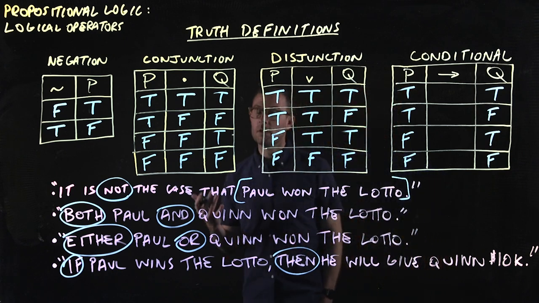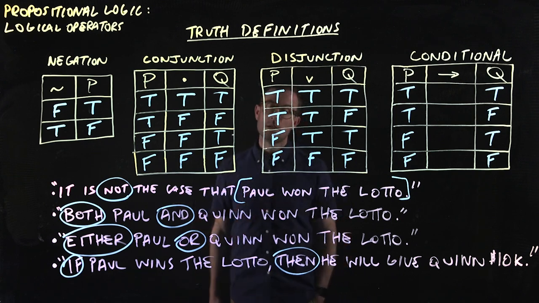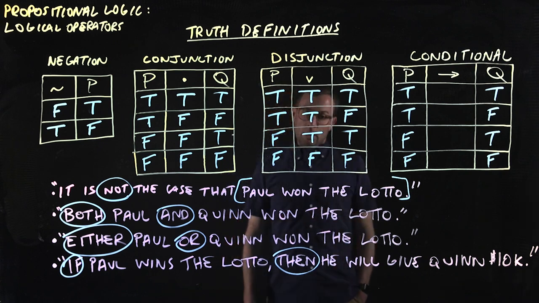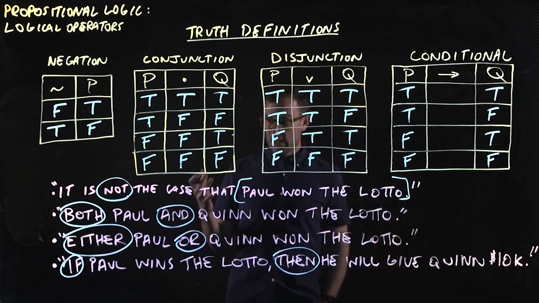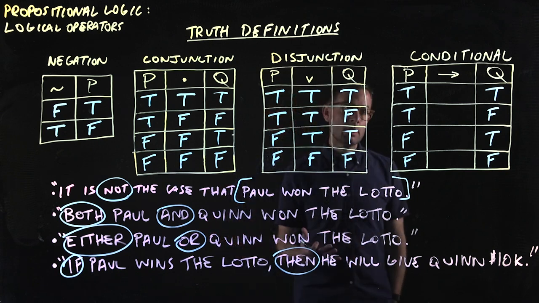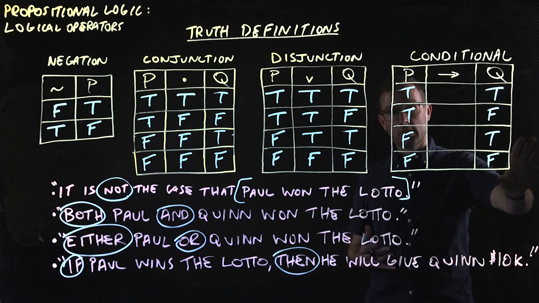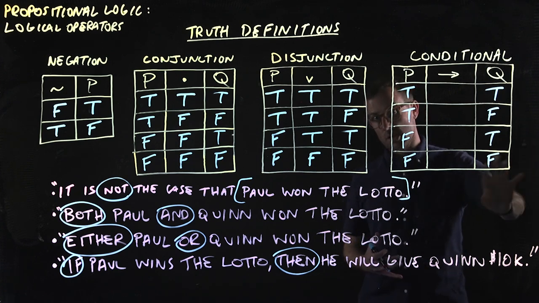So take the example. If Paul wins the lotto, then he will give Quinn $10,000. Okay, so imagine that Paul has made this promise to Quinn. Right? Now, thinking in terms of this conditional that expresses a promise, right? What you need to ask yourself is, when does Paul keep his promise, right, to Quinn?